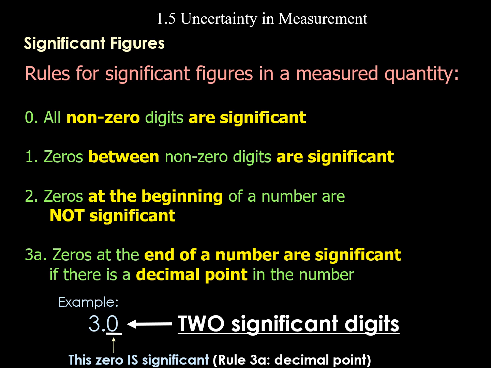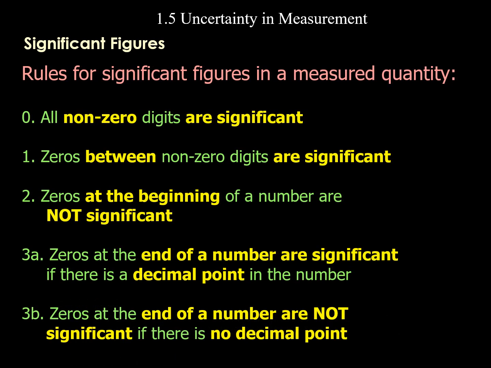In this example, the zeros after a decimal place are considered significant. This is perhaps a little counterintuitive, because 0.04 would be 1 significant figure, but 3.0 would be 2 significant figures.